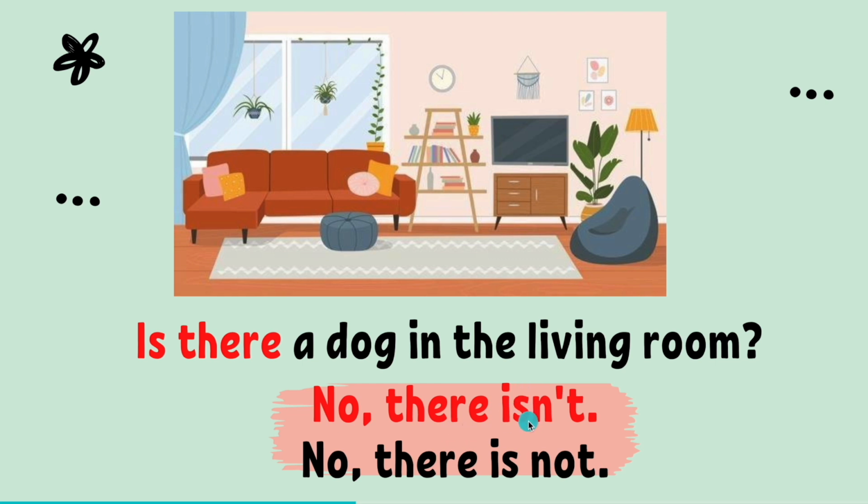Okay, apa beza isn't dengan is not? Benda yang sama saja, cuma apa yang bezakan dia ialah isn't ni is a short form for is not. Jadi kalau awak nak jawab pakai no, there isn't dengan no, there is not, dua-dua betul. Both of these answers are correct.